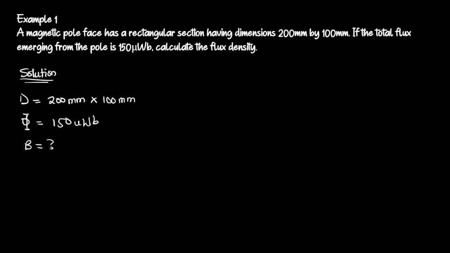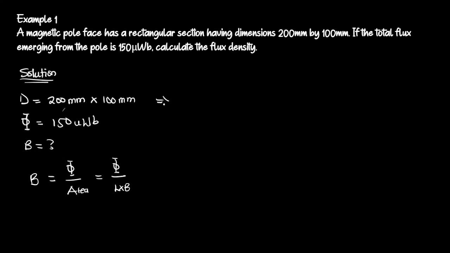But from definition, we know that magnetic flux density B is equal to magnetic flux phi over the area. Okay, and then the area in this case, since it is a rectangular pole, will be length times breadth or width, which has been given to us as the dimension over here.